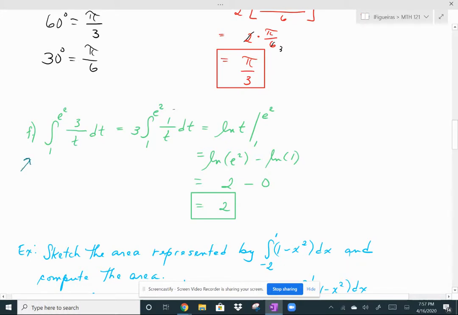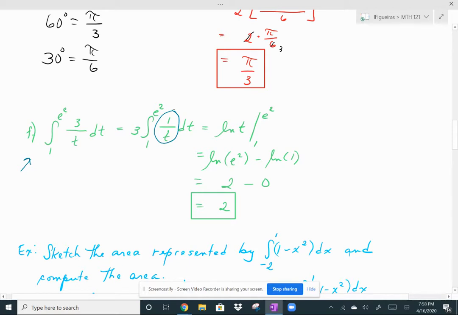So I have the integral from 1 to e squared of 3 over t dt. All right, so similar to what I said before, I'm going to put the 3 in front of the integral, so I just have to integrate from 1 to e squared of 1 over t dt. Again, hopefully this stands out as something that you recognize.